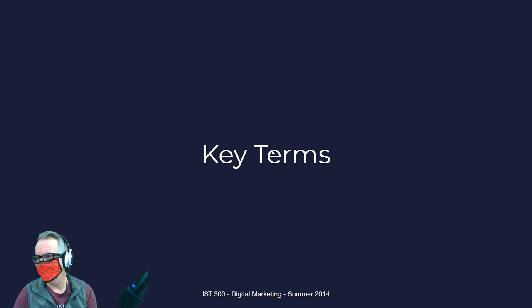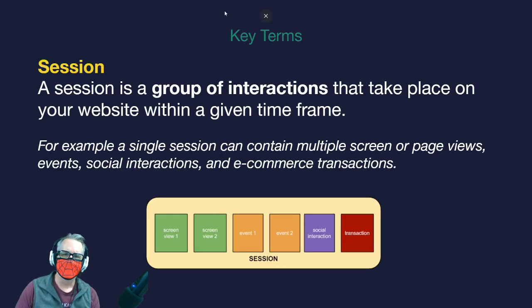All right, we're gonna get into some vocabulary. Key terms. So a session is a group of interactions that take place on your website within a given time frame. So it could be within an hour or whatever it is, but however long they're doing those things, that's their session. You can have multiple screen or page views, events, social interactions, and e-commerce transactions.